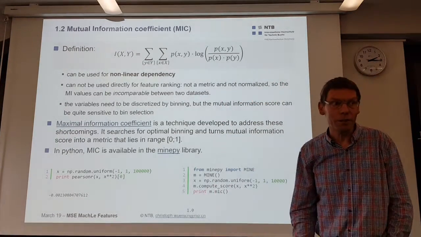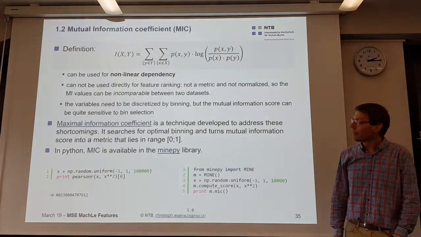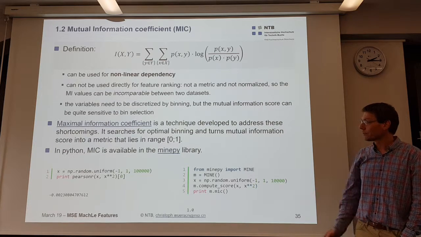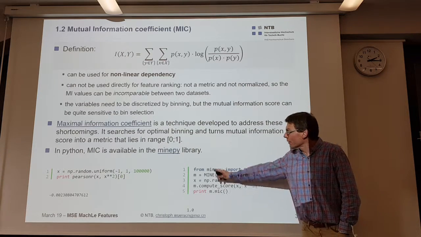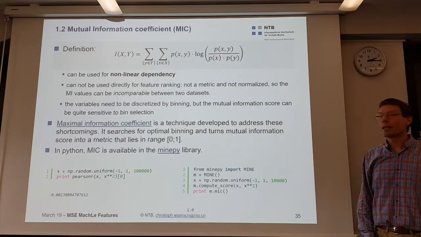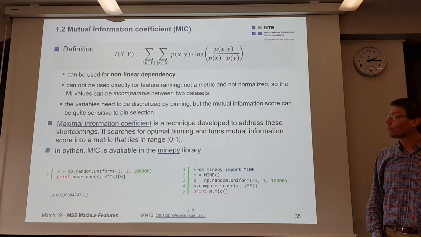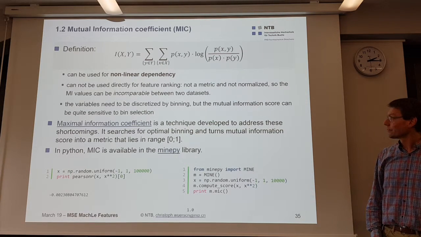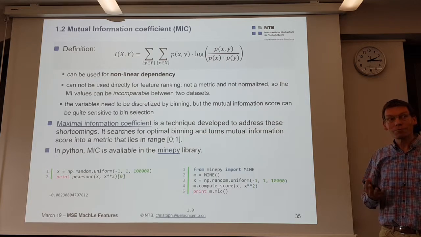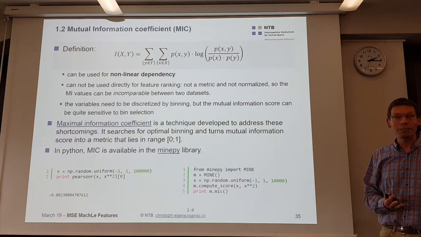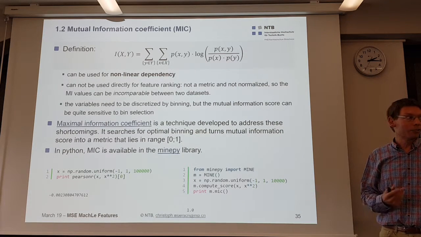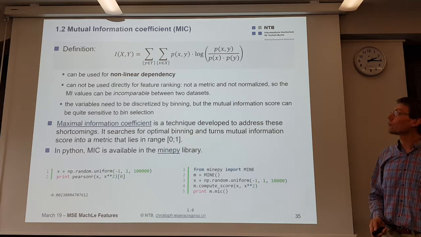This is an even better method to get this non-linear dependency. Here you find it in the minepy library of Python. So correlation is there, even if it's not linear, and we could get it out by the mutual information.